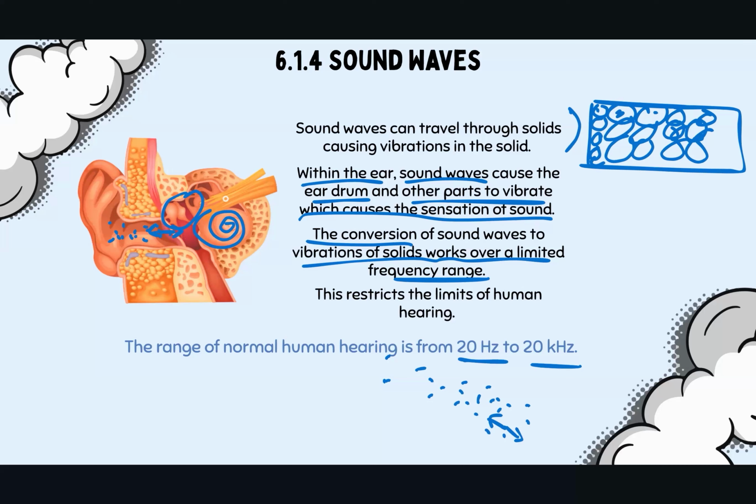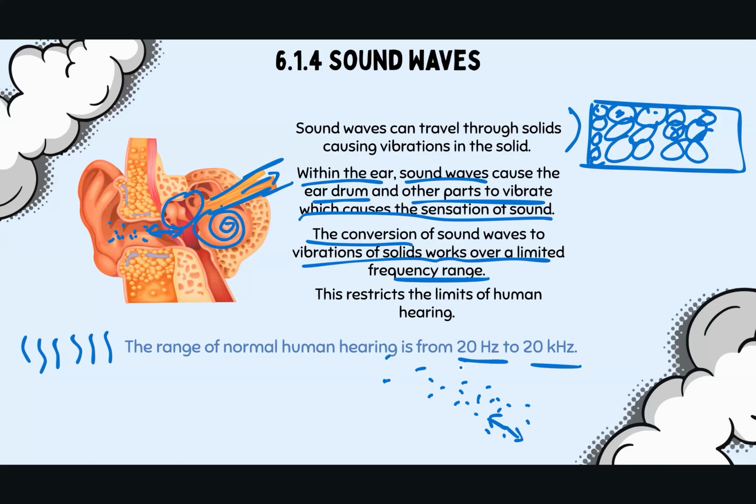When they vibrate, they send the message to the auditory nerve, which is a sensory neuron, and it sends it to the brain. The brain then interprets the electrical impulse which arrives through the auditory nerve as a sound.